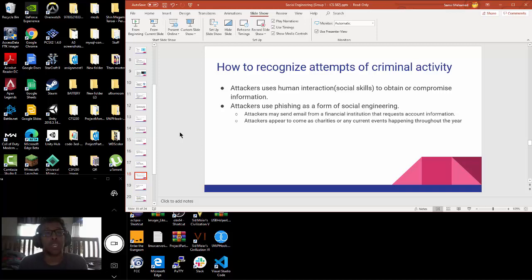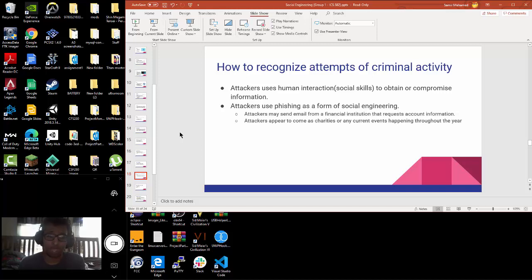It's important to recognize how people are taking advantage of people. You have to make sure to protect yourself. They'll send you emails that might seem out of context, and you usually don't get financial institutions sending you requests for account information.